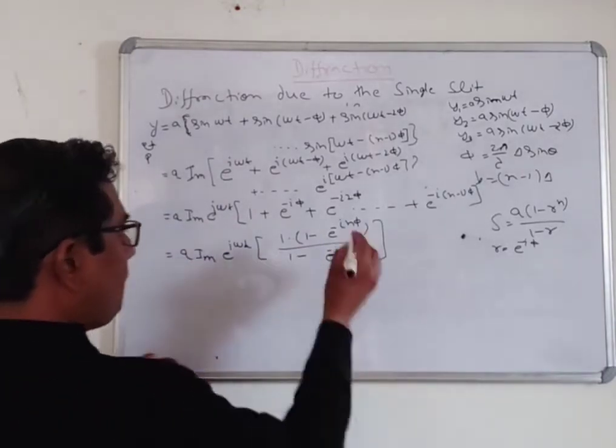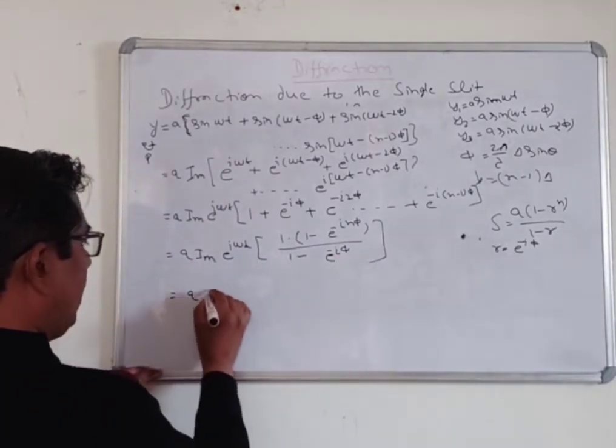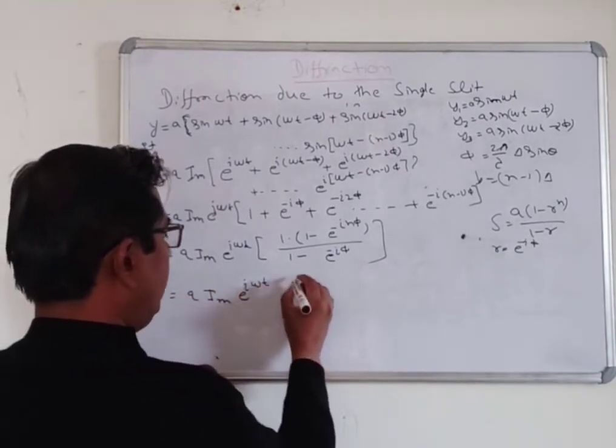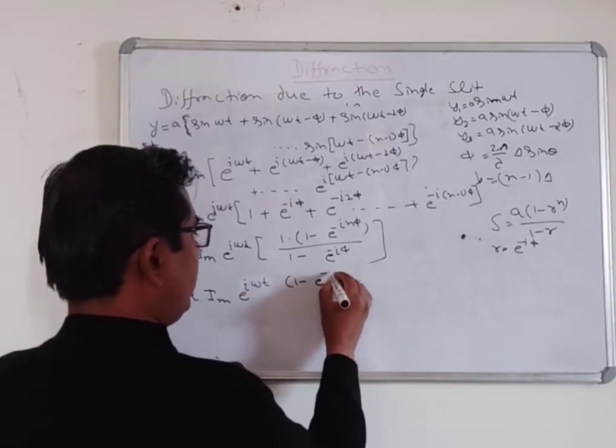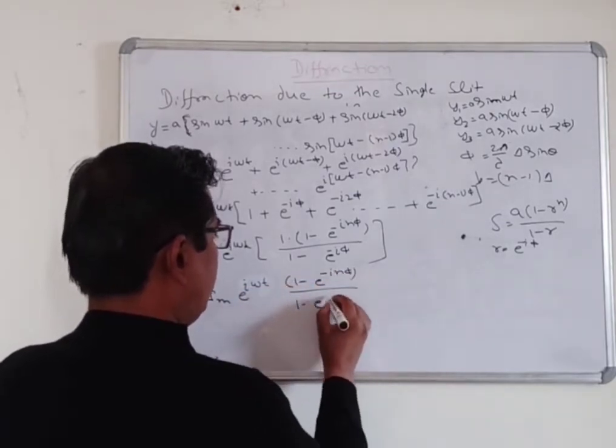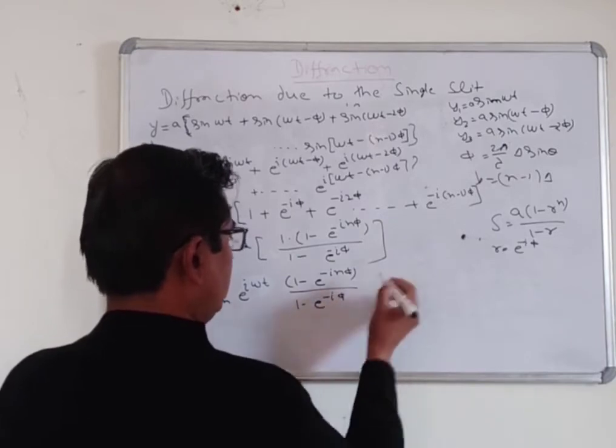Okay, now you can write it like that: the imaginary part of e to the power i omega t times 1 minus e to the power i n phi divided by 1 minus e to the power i phi.